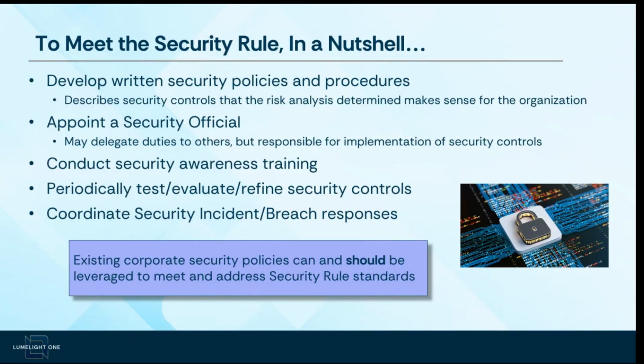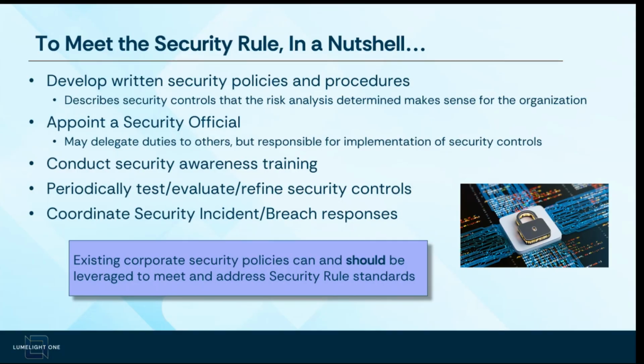From the information gleaned through the risk analysis, the covered entity can then continue its security rule compliance by developing written security policies and procedures that describe the security controls that the risk analysis indicated would be necessary. Similarly to the privacy rule, the security rule also requires the appointment of a security official, who is the person that develops and implements those written security policies and procedures.